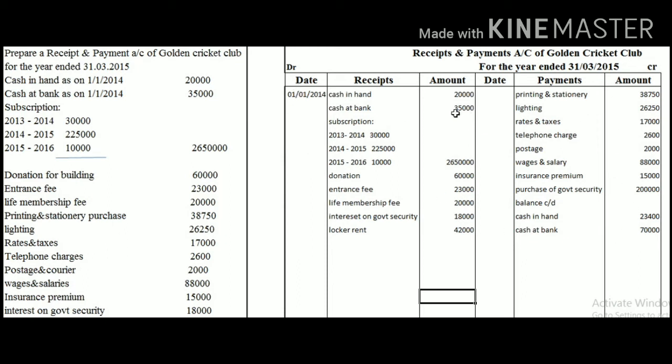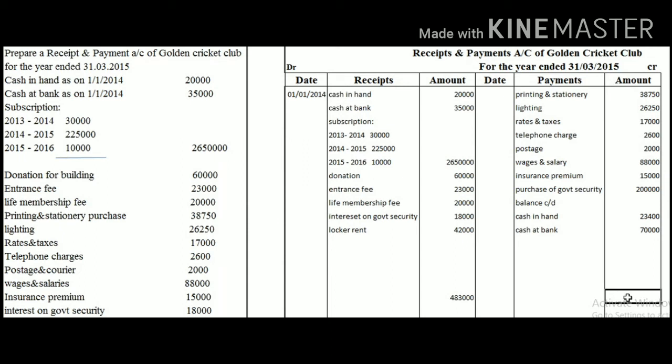Here the total of the debit side is 20,000 plus 35,000 plus 2,65,000 plus 60,000 plus 23,000 plus 20,000 plus 18,000 plus 42,000. The total of the debit side column is 4,83,000.